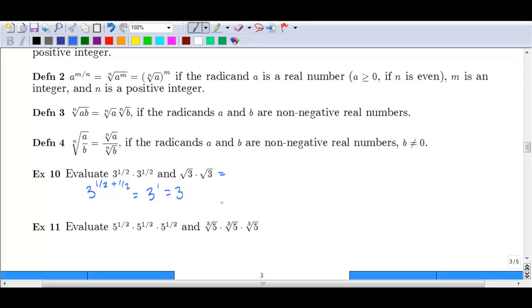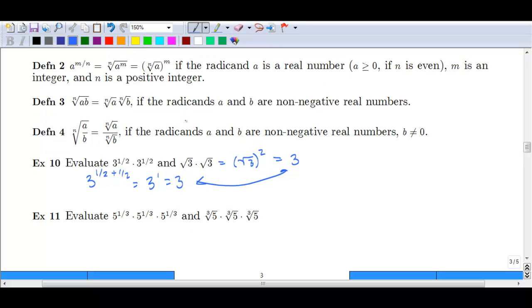Likewise, if we look at the square root of 3 times the square root of 3, this is the square root of 3 squared, and our rules for radicals show us that if you take the square root of something and then square it, you get back to the original number. So we can see here how they have the exact same number.